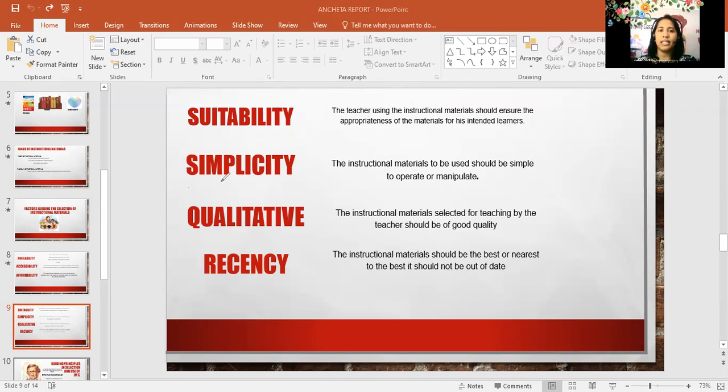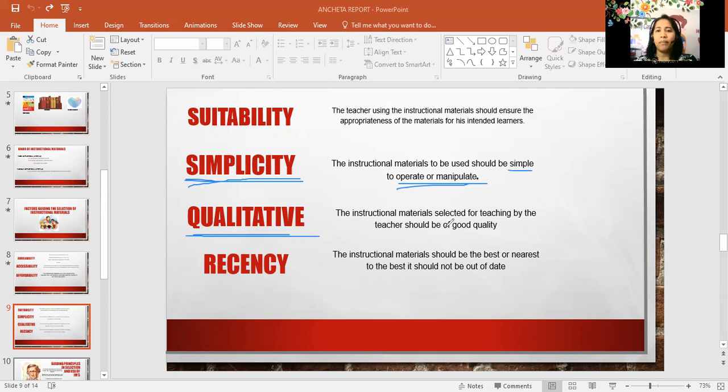Next is the simplicity. We also need instructional materials that are simple to operate and to manipulate. It should not be very complicated and just simple enough to be understood by the learners. And next, qualitative.